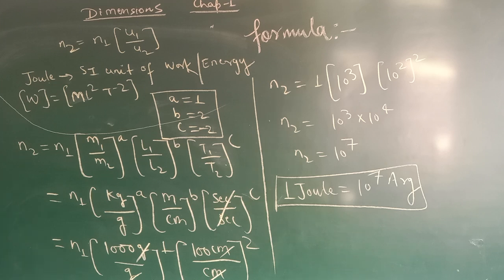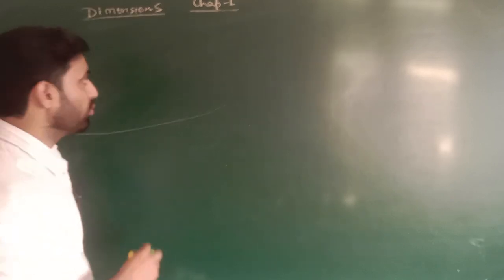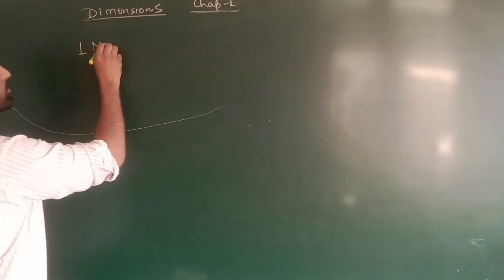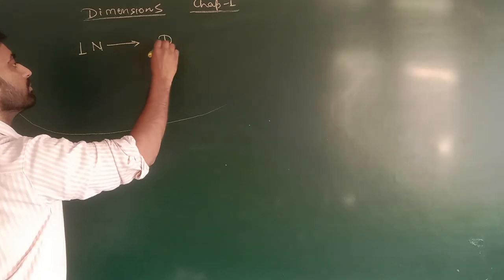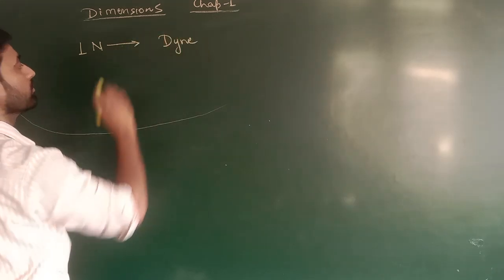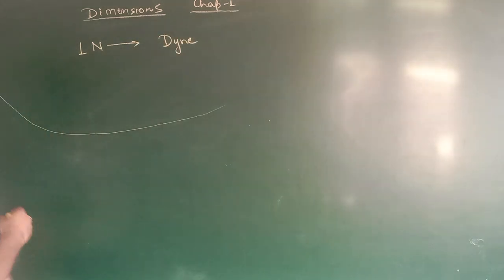Let me give you another example. Let me first erase it. Next question is, convert 1 Newton into dyne. Newton is the SI unit of force, and dyne is the CGS unit of force.